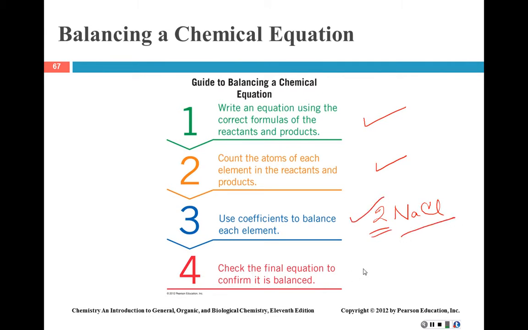Then we check it at the end to make sure that we've got the correct number. Notice that if you've got something like MgCl2, that's the formula. This number right here you cannot change, okay? Because that would make it a different chemical. So you have to use the number in front of it, which is called the coefficient.